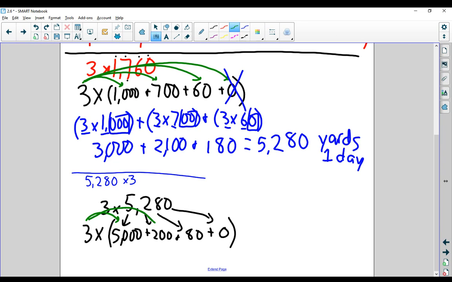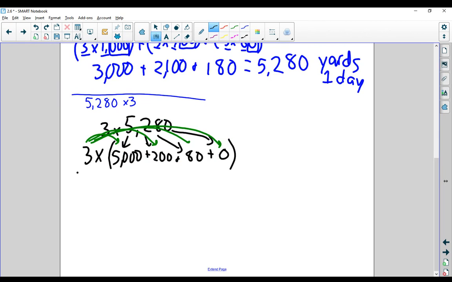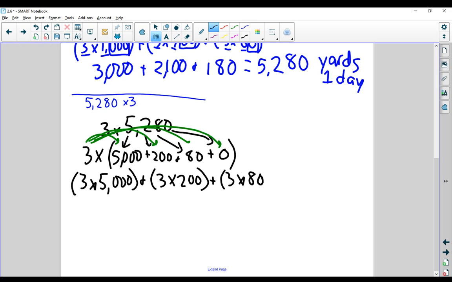This goes to that, goes to that, goes to that, and if you want, it can go to that. So we're going to do 3 times 5,000 plus 3 times 200 plus 3 times 80 plus 3 times 0, just to keep that on there.